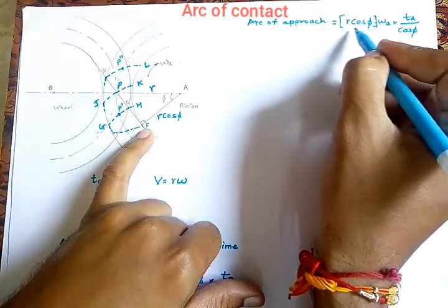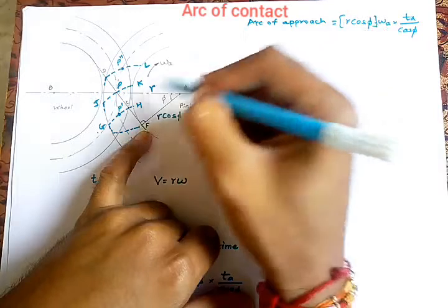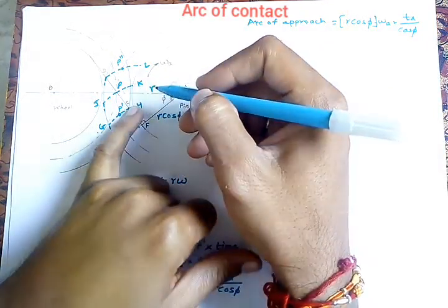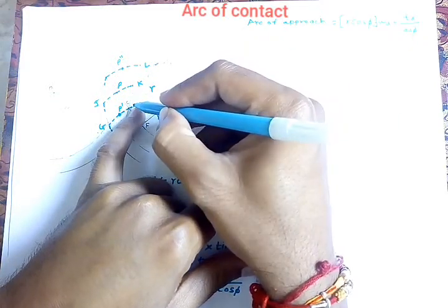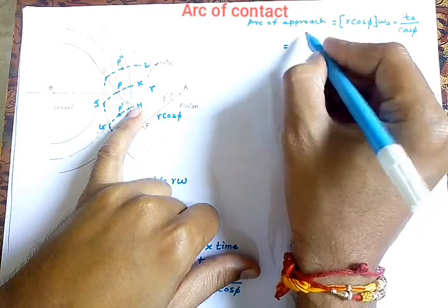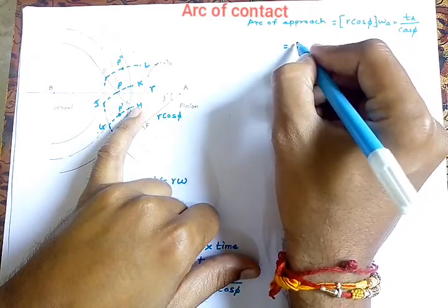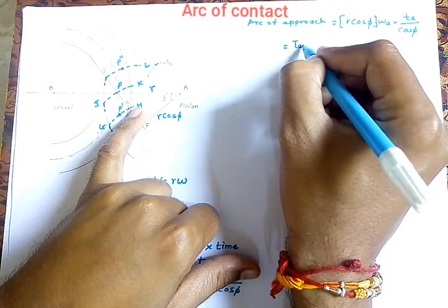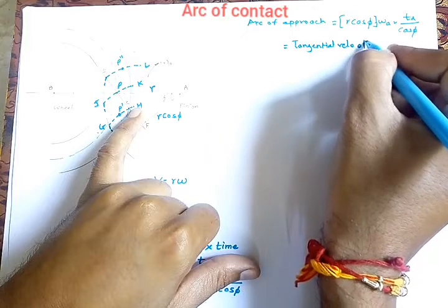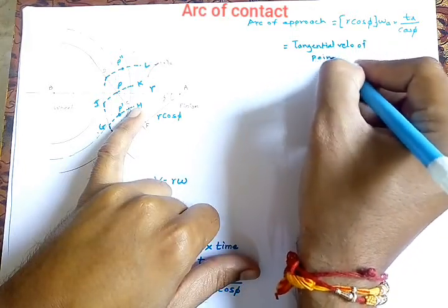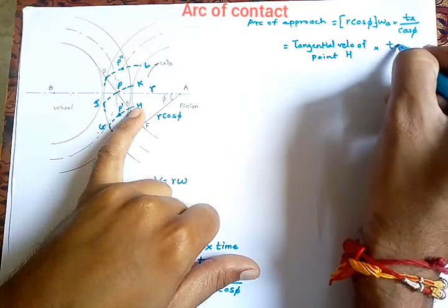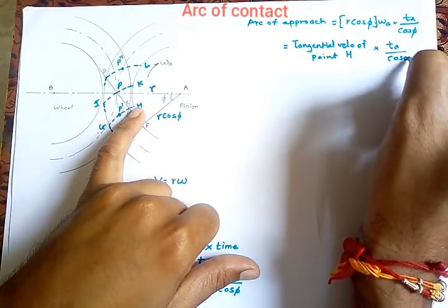So r cos phi into omega A will be the velocity of point F or H or K or L. So we will consider this as the velocity of point H. So the equation we can write as the tangential velocity of point H into TA upon cos phi.